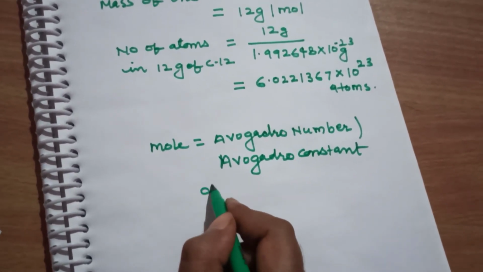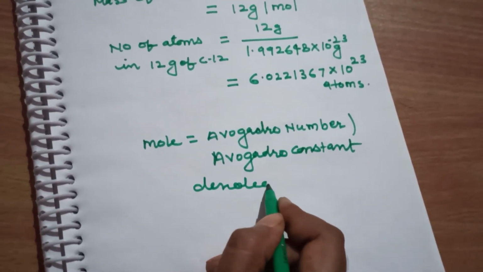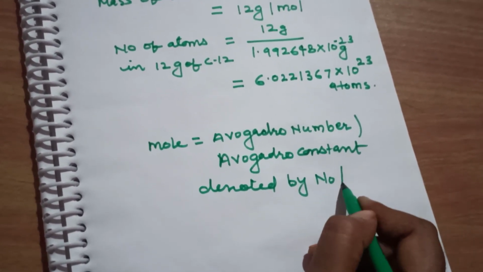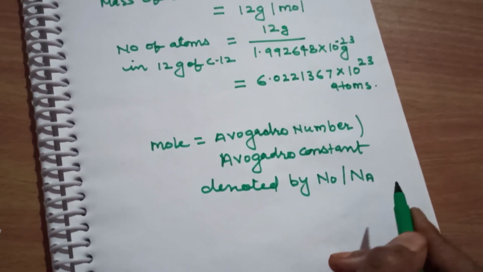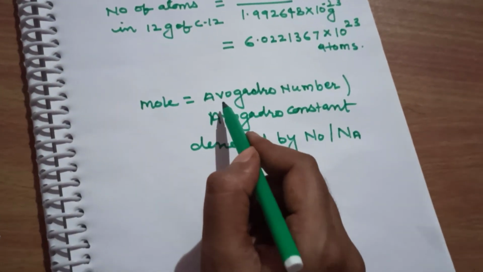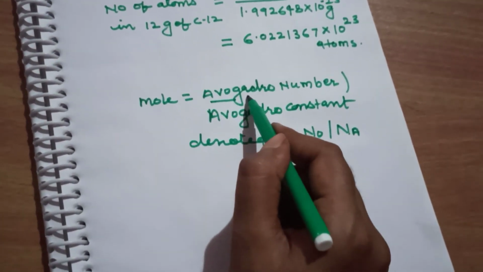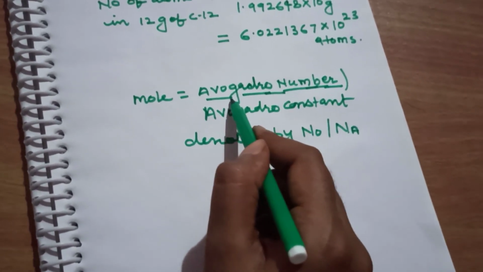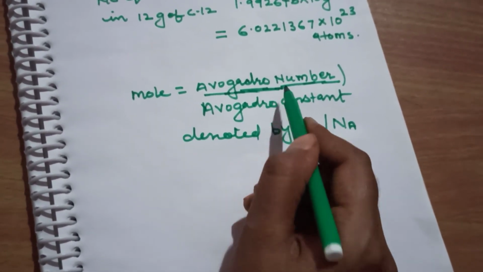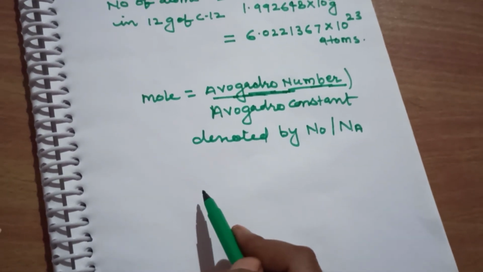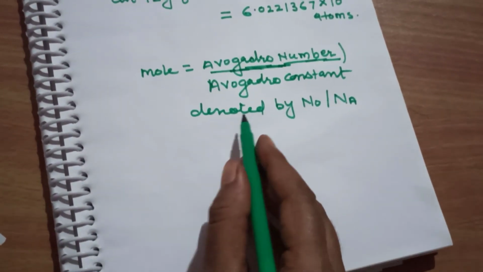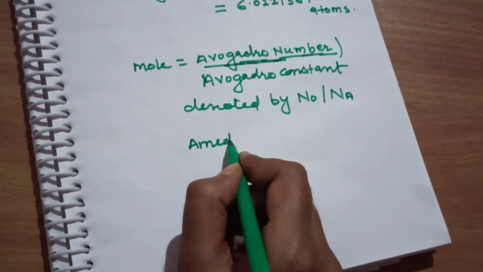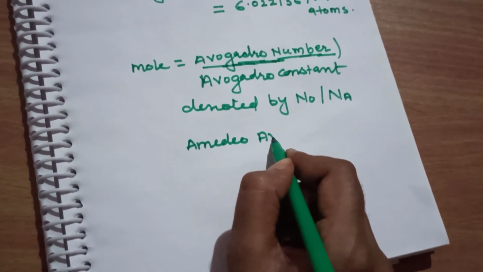It is denoted by N0 or NA. This Avogadro number name was given in respect of Amedeo Avogadro.